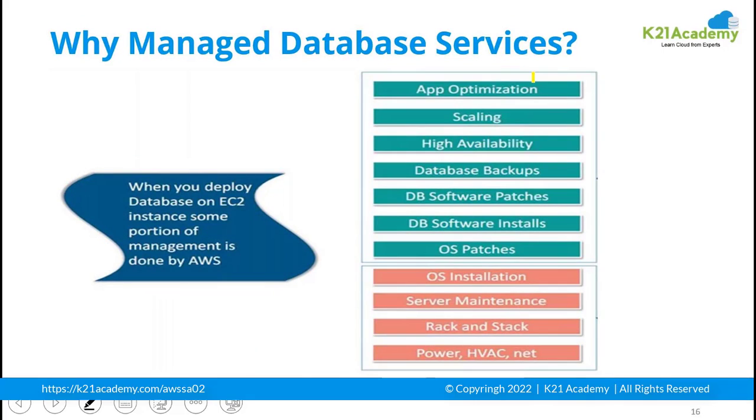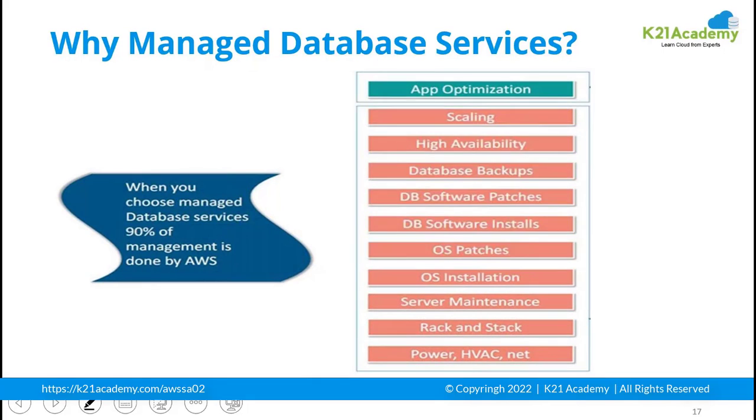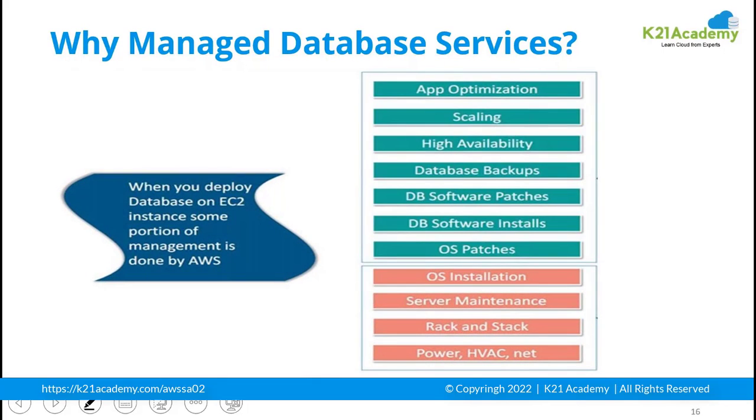Now Amazon offers you databases in two ways. One is a managed service by Amazon, and another is you take only an EC2 instance from Amazon and then do the rest of the tasks as you do in your on-premise environment. When you deploy a database on an EC2 instance, some portion of the management is done by Amazon.